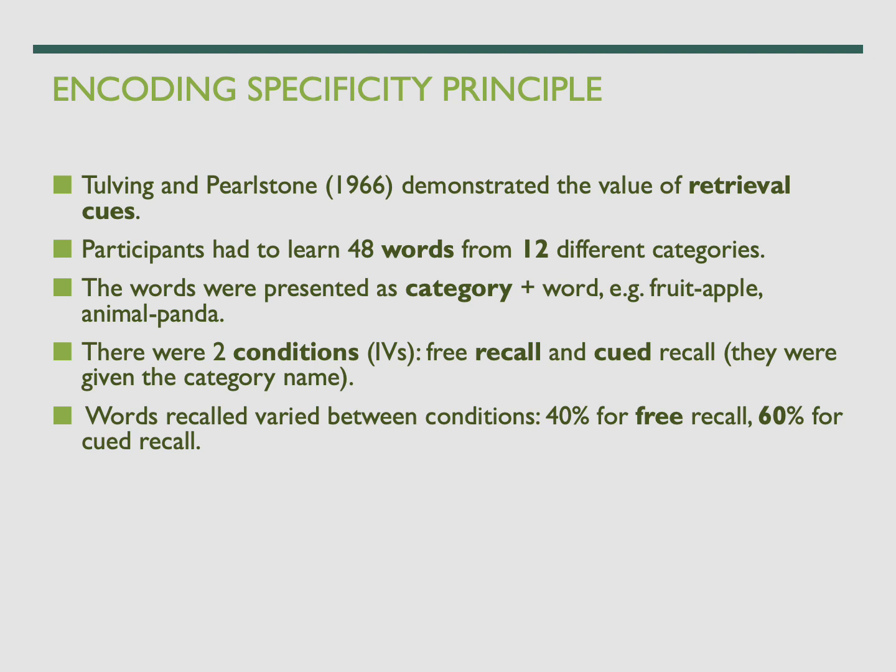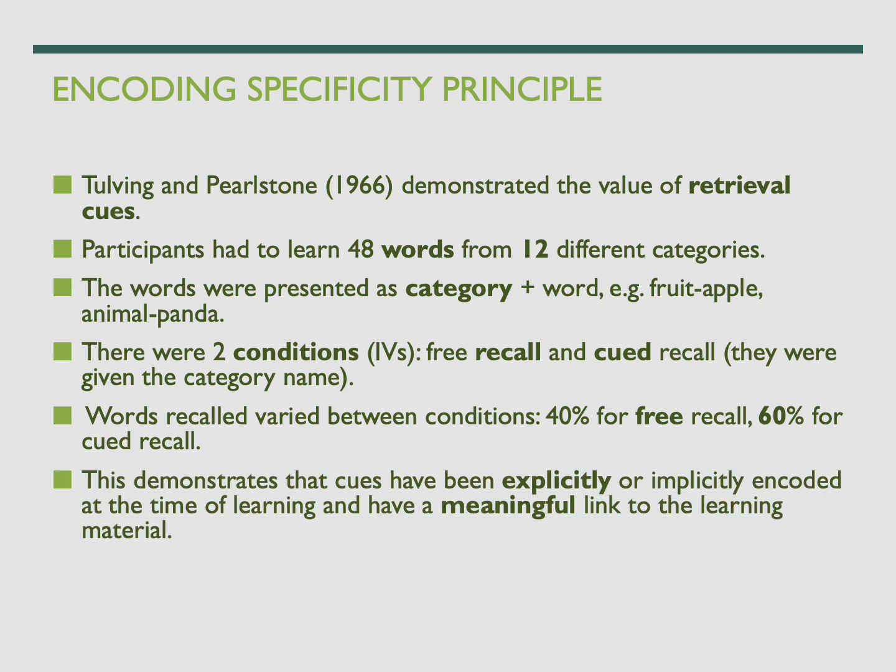And they showed that there was 40% recall for free recall, and recall for cued recall was much better, it was 60%. And this demonstrates that cues have been explicitly, so consciously, or implicitly, subconsciously, encoded at the time of learning and have a meaningful link to the learning material. So because participants in the cued recall had encoded the information in terms of the category that they belonged to, it meant that they could recall the information more.